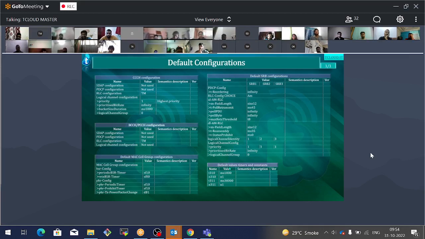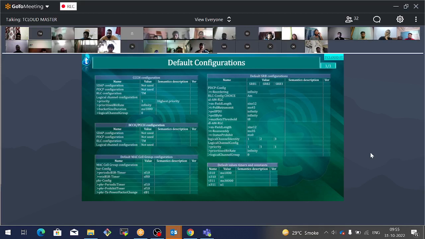Okay, so there are some default timers and constants as well. Normally, timers would be used for different operations. For example, there is a timer called T310, which is set to 1000 milliseconds. Now, this timer is used in one of the RRC procedures, which we'll see later.